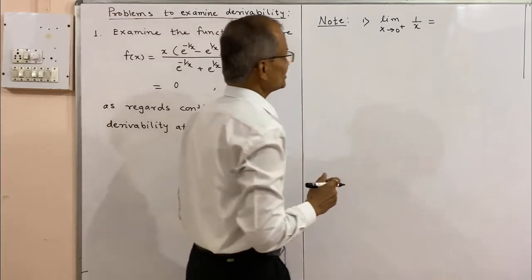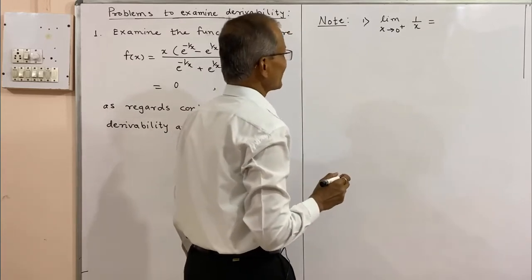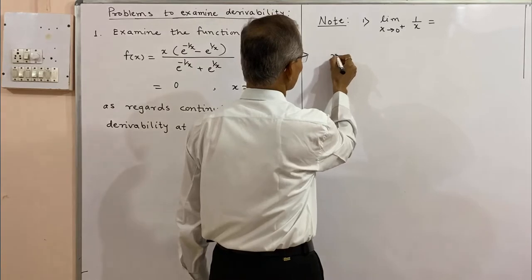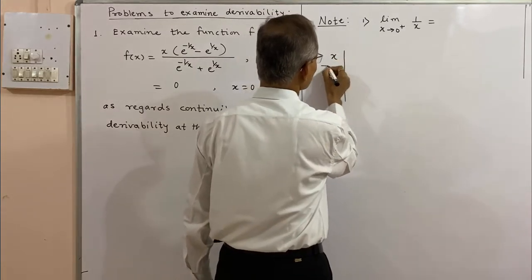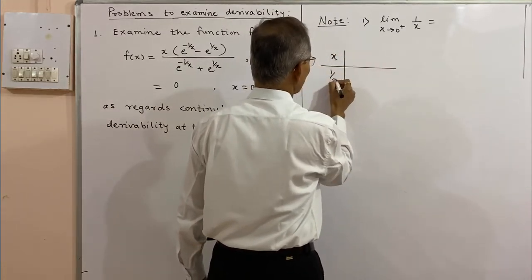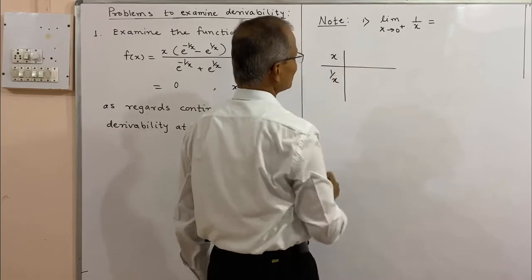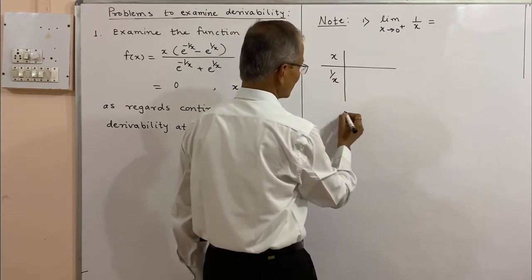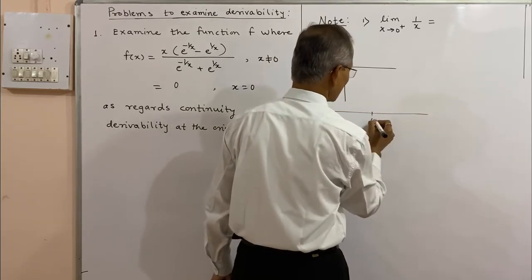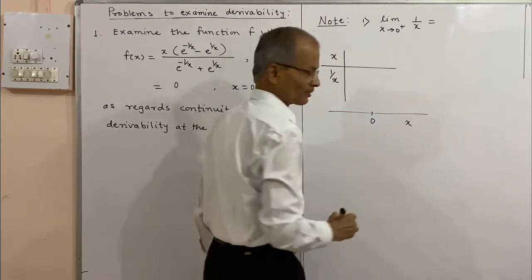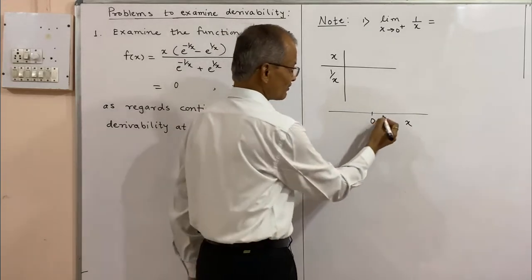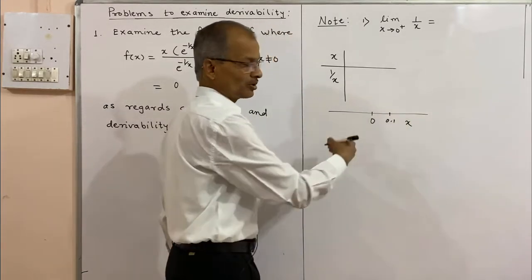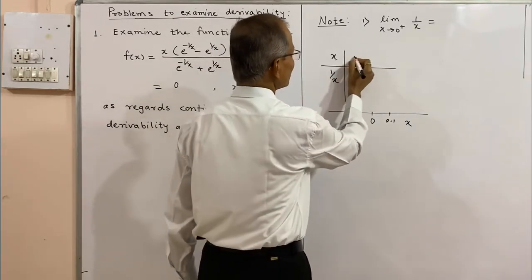Now this can be checked by taking the values of x closer to 0. For example, I consider x and then I shall consider the value of 1 by x. For positive values, x lies on the right side of 0, and close to 0, so we may consider say 0.1 and then 0.01 etc. So I shall consider 0.1.